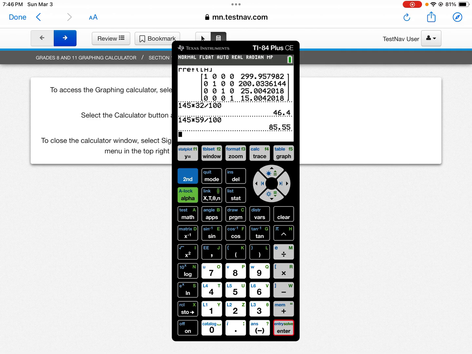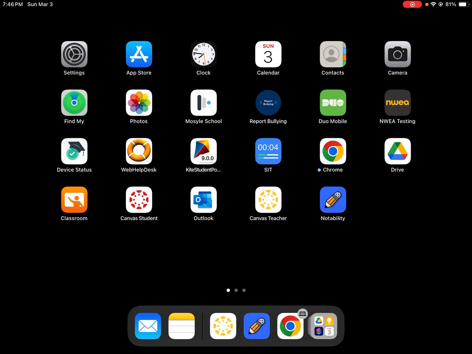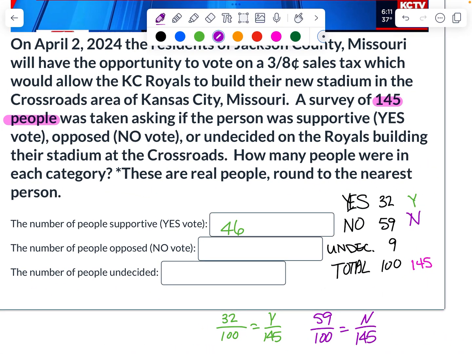And that's going to make it 86 people. So the other people are 145 minus 132. So 13 people who couldn't make up their mind.